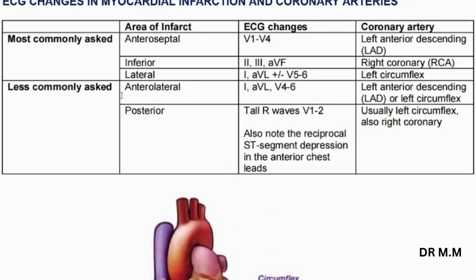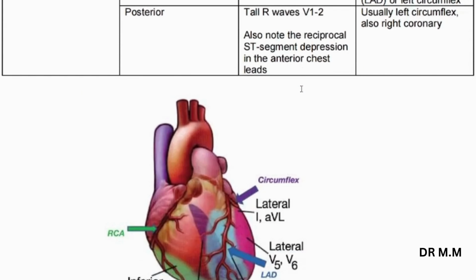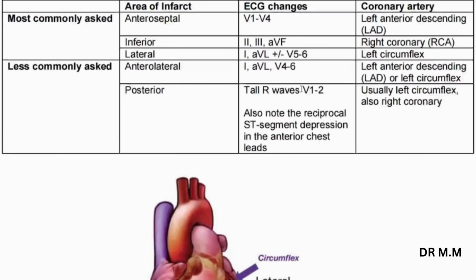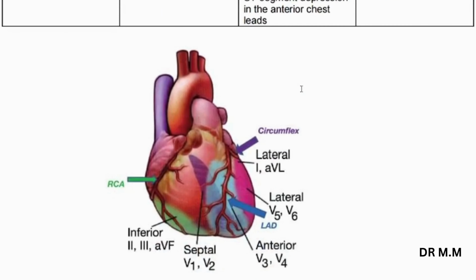But if the patient has anterolateral MI, we can see ECG change in lead 1, AVL and V4 to V6, as we can see here. In anterolateral MI, we must look at lateral and anterior leads.